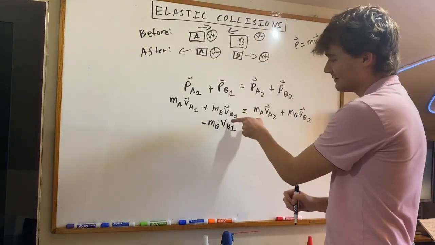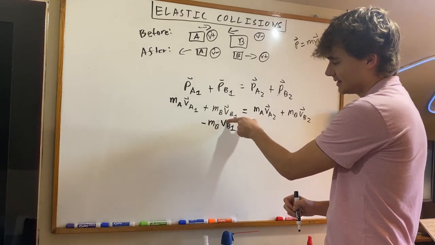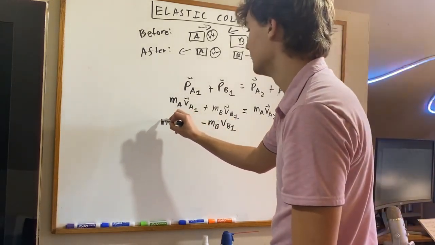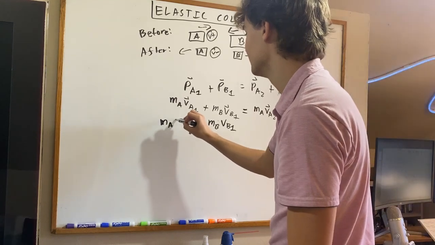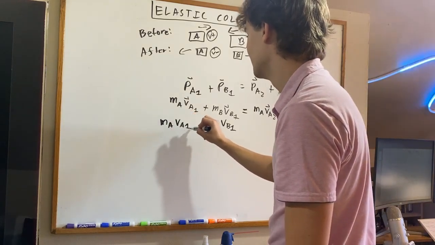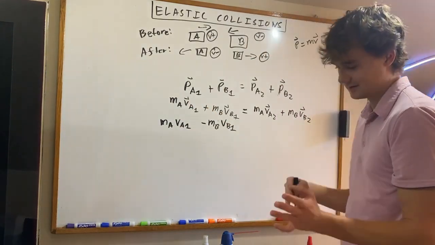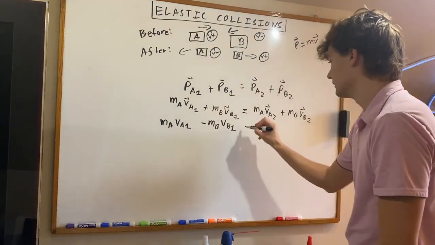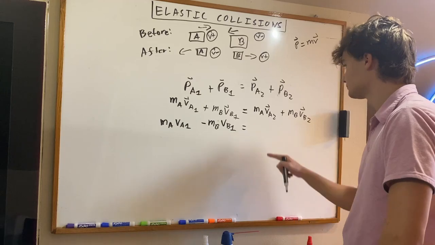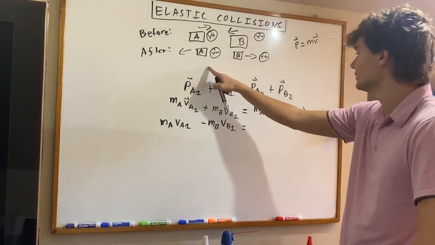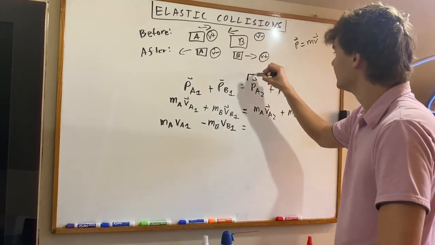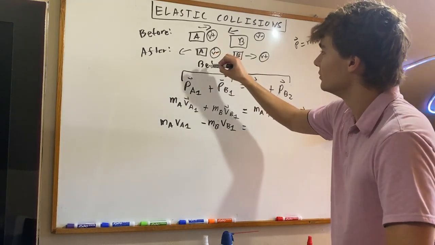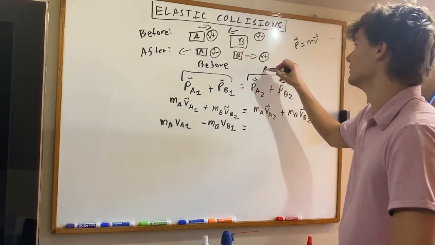I took away the vector because I made it negative. And then MA VA1, I took away the vector because it's positive and it doesn't affect this term. So now I'm going to do equals. Afterward, just to note, all of this is before, and then all of this is after.